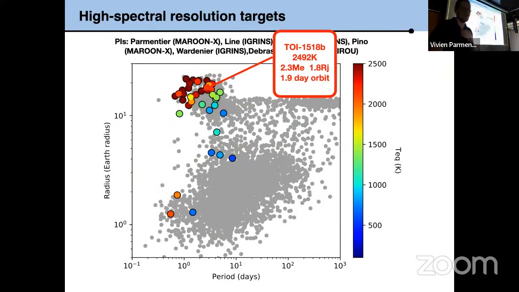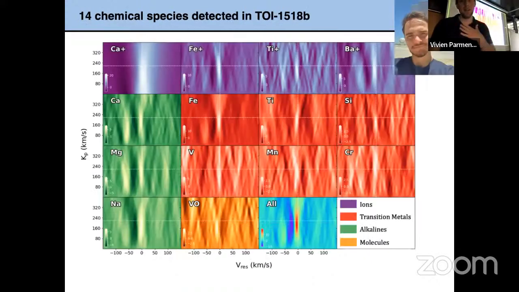So the hottest planet I'm going to talk about is TOI 1518b: 2500 K, 2 Jupiter radii, definitely inflated, 2.3 Jupiter masses, not 2.3 Earth masses. It would be really weird. A 2-day orbit. So really going into this realm of what we call ultra-hot Jupiters.